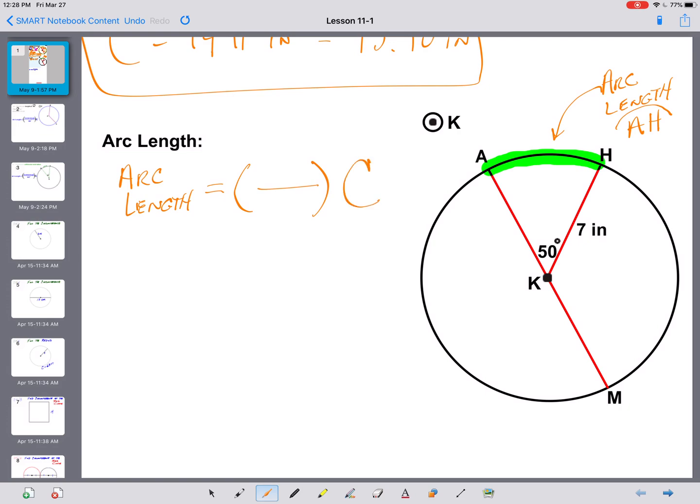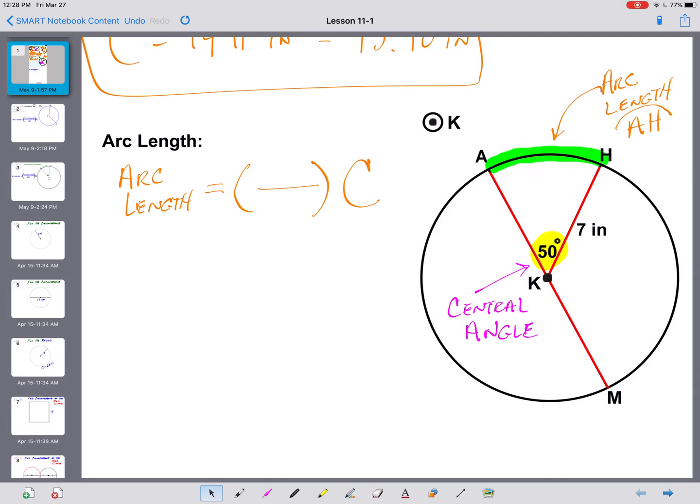Now, what fraction is it? Notice here, what do I give you right in the middle? I give you there a central angle. They call that a central angle because it's at the center. Now, think about what fraction of the whole circumference that arc is.